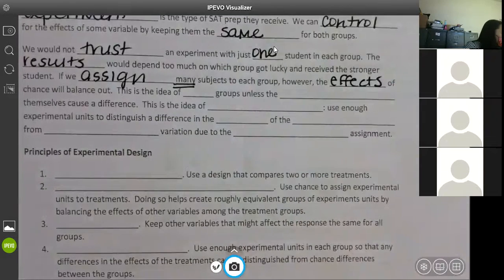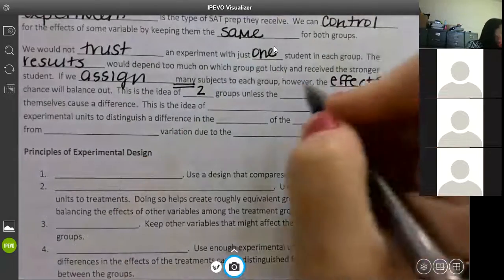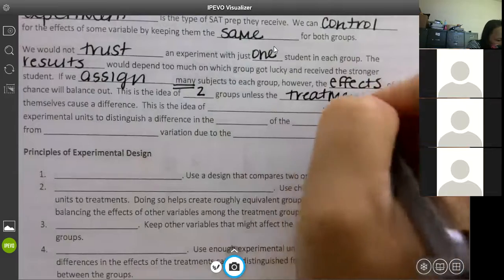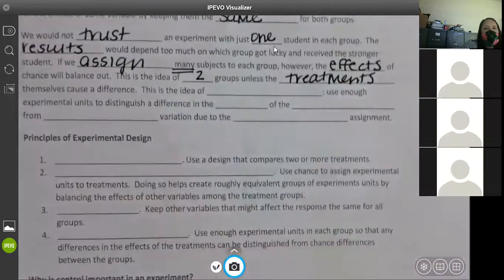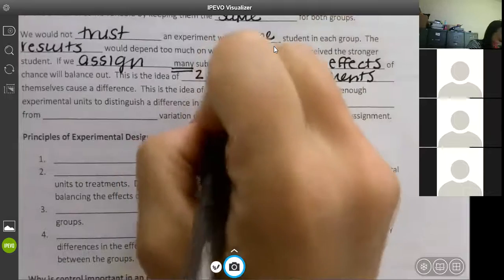This is the idea of two groups unless the treatments themselves cause a difference. This again is the idea of, you need to know this.